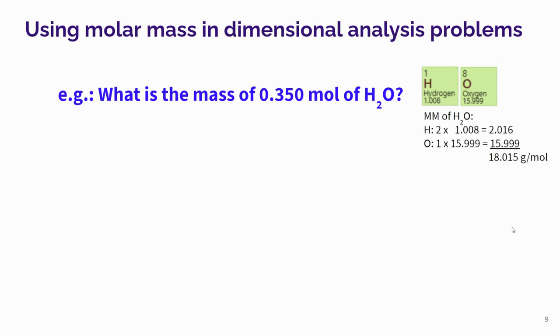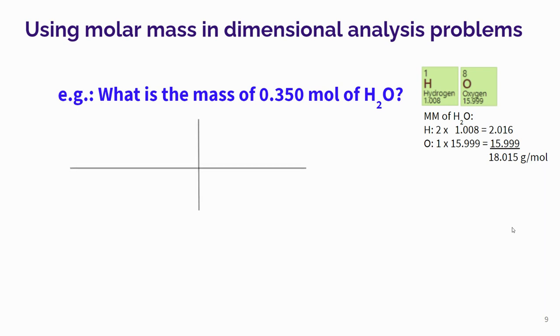All we would do there is, much like we practiced in the beginning, we have two atoms of hydrogen for every water molecule. We multiply it by its mass, and then 1 atom of oxygen at 16 is its mass, and you add all that up. But instead of saying atomic mass units, we want to say grams per mole, because we want to know how much 1 mole of water weighs.